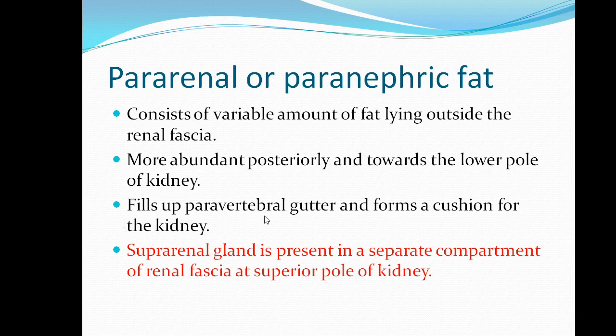It fills up the paravertebral gutter and forms a cushion for the kidney. So, if this pararenal fat is deficient, the kidney may become mobile. The suprarenal gland is present in a separate compartment of the renal fascia at the superior pole of the kidney.